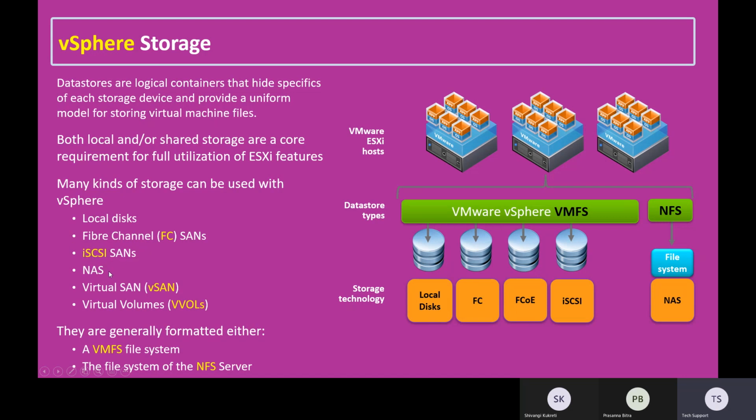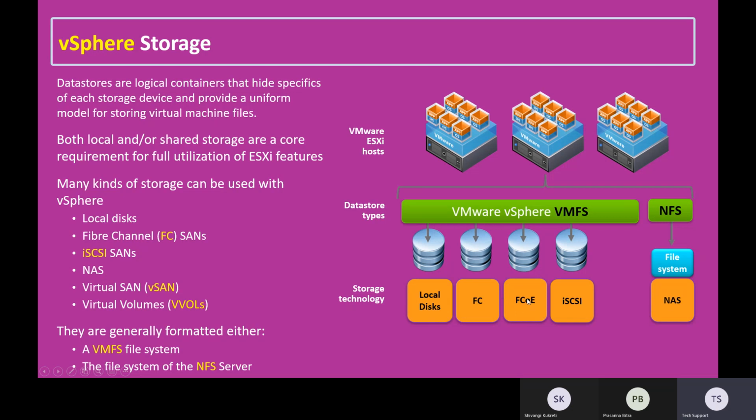NAS also requires only a normal switch, not a Fiber Channel switch. Normally, a Fiber Channel switch costs very high compared to a normal network switch. NAS means network attached storage. So these are the four I mentioned here, all the types are mentioned here.